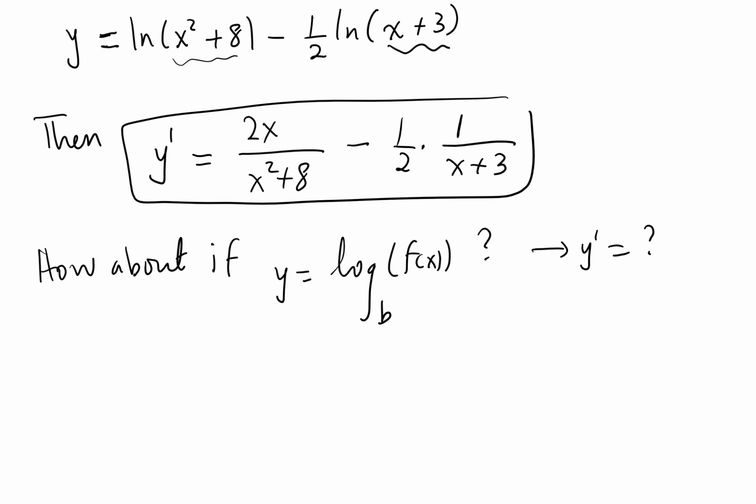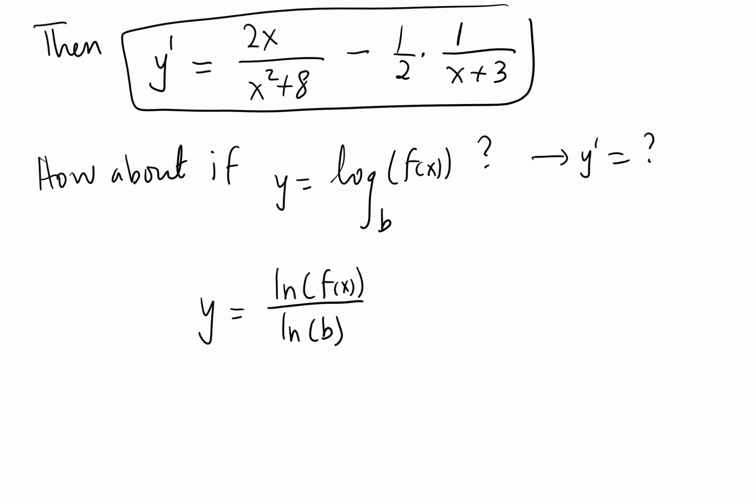Well, let's use the change of base formula to convert this into the natural log of f of x over the natural log of b. This can be rewritten as 1 over the natural log of b, that's a constant, times the natural log of f of x. So I just rewrote it.